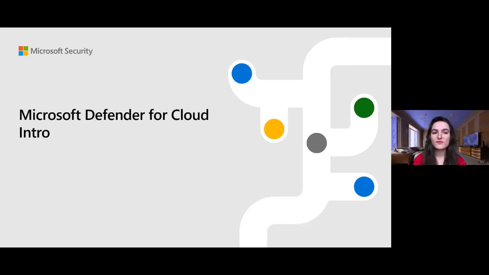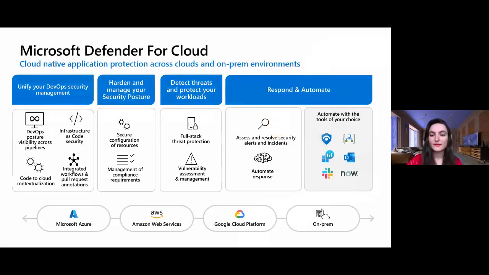But before we get into any of that, let's talk very briefly about what Microsoft Defender for Cloud is, for anyone who is not so familiar with it. Defender for Cloud is cloud-native application protection across your clouds and on-premises environments. Using Defender for Cloud, you can now unify your DevOps security management directly with it.